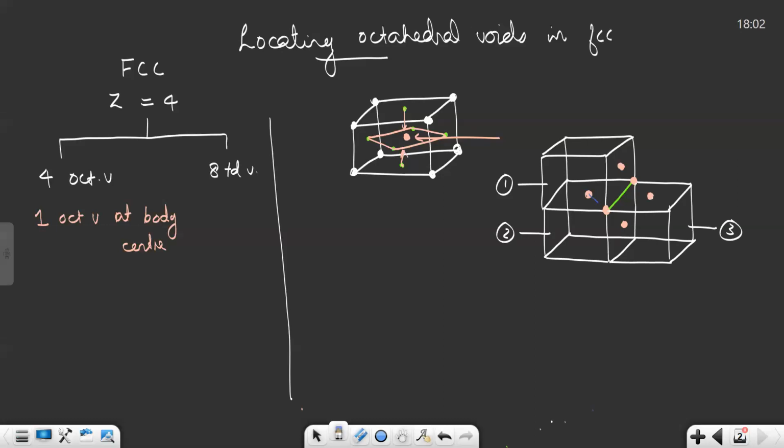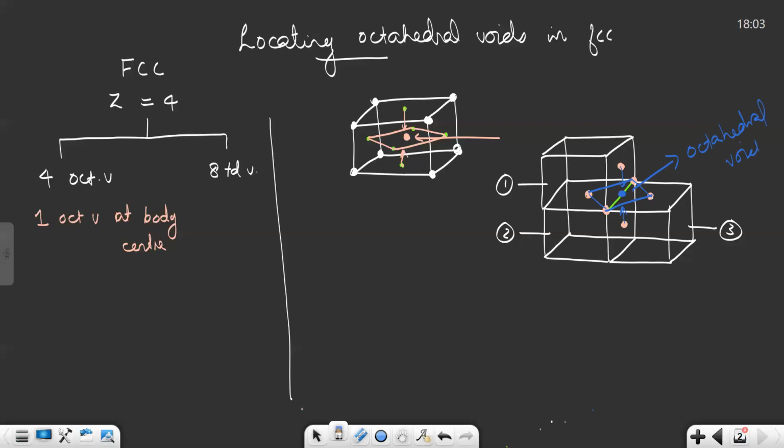Now these 4 atoms are making a square there, and this atom is at the bottom, and this is a void. So you are getting a void exactly at the center of these 6 atoms, and this is another octahedral void. So this octahedral void is formed at the center of an edge.